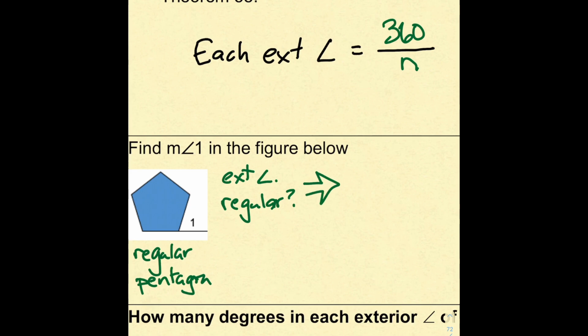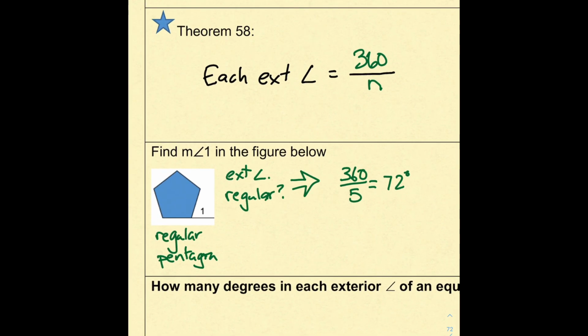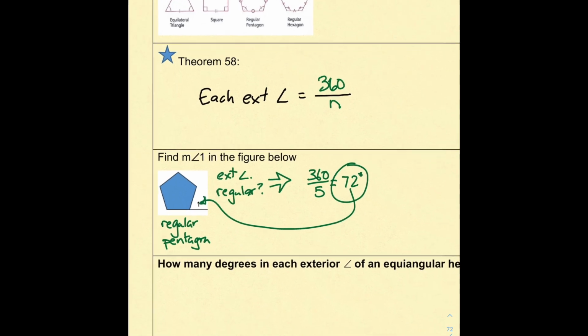So I'm going to take the exterior angle sum divided by 5. And that will give me, I think, 72 degrees. All right, so this angle measurement here is 72. Hopefully that makes sense. This problem, we didn't have to find the interior. We could have, but it wasn't required.